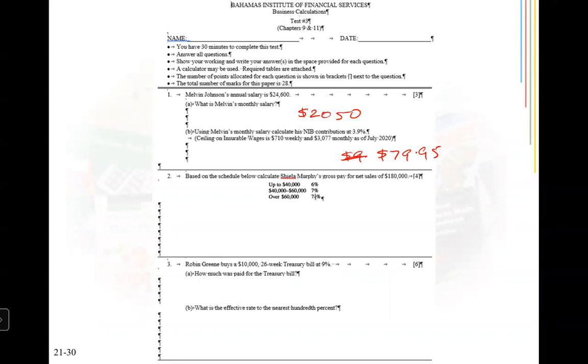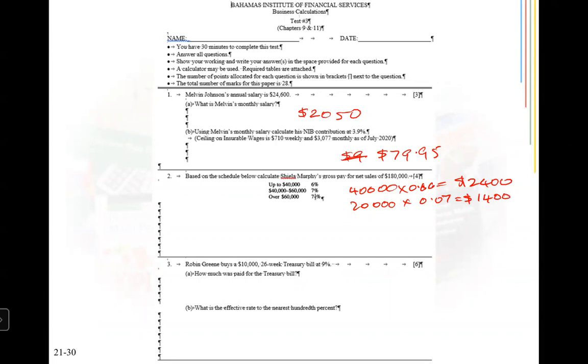Question number 2, some people still made a few errors with that. The first 40,000 is 6%, so it's 40,000 times 0.06, which gives you $2,400. Then from 40,000 to 60,000 is another 20,000. So it's going to be 20,000 times 0.07, which gives you 1,400.